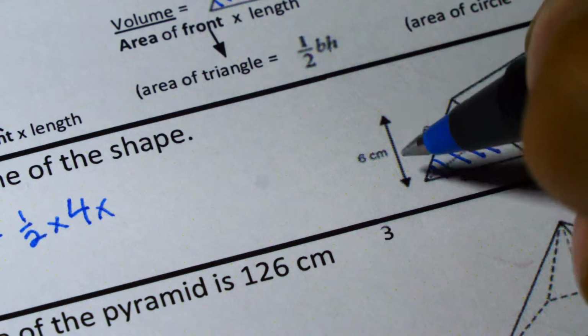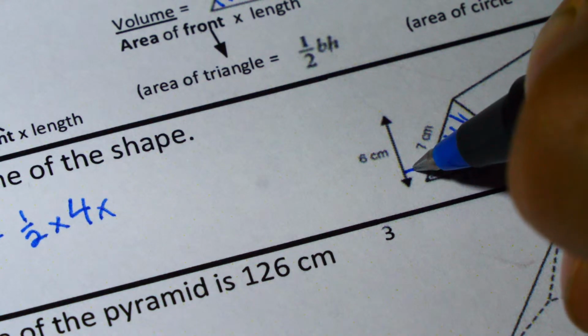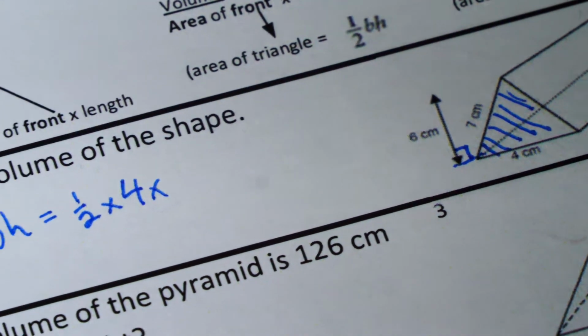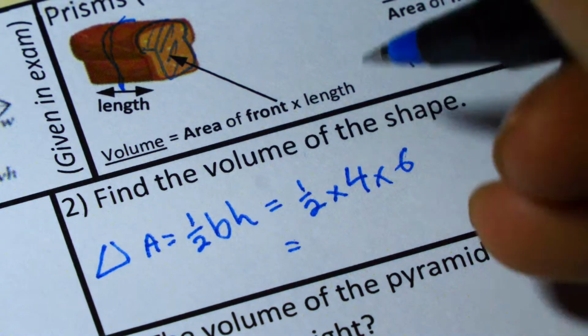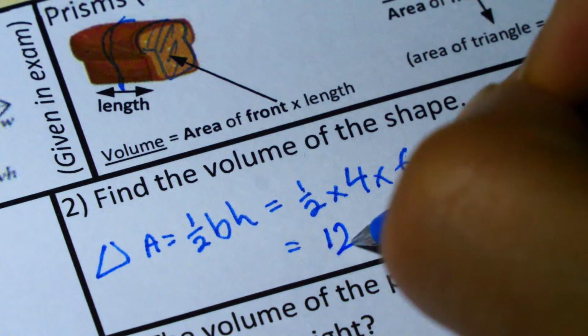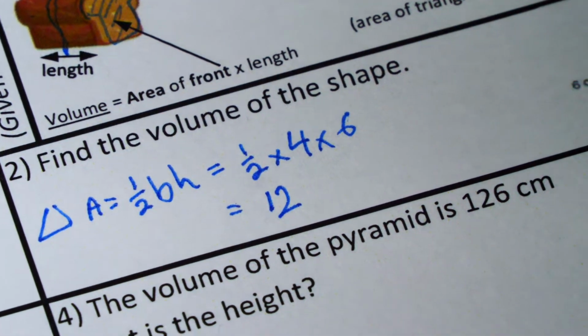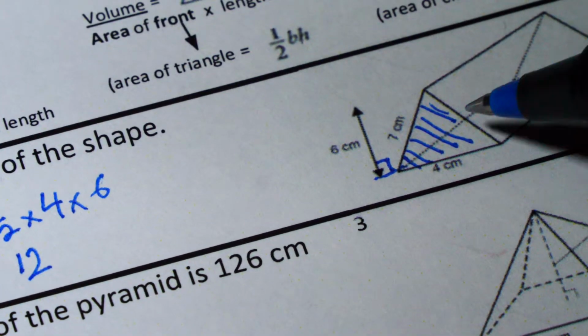The height of this triangle is 6. Remember the height must be at a right angle, perpendicular. Half times 4 times 6 equals 12. So that's the area of this triangle.